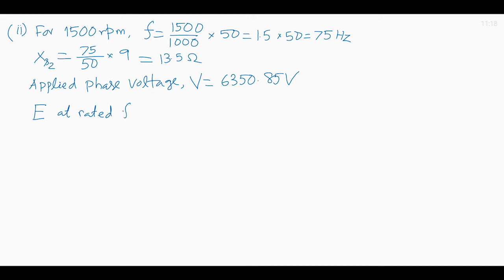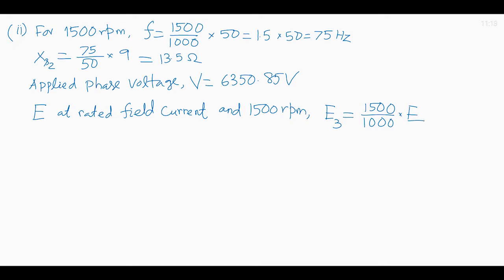So, induced EMF E at rated field current and 1500 RPM, because induced EMF is proportional to speed and field current. So, we will denote this EMF as E3. E3 is, speed is 1500 times, so 1500 by 1000 into EMF at rated speed 1000 RPM and rated field current.